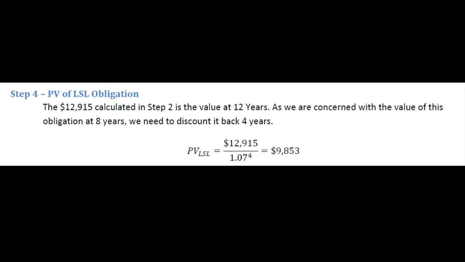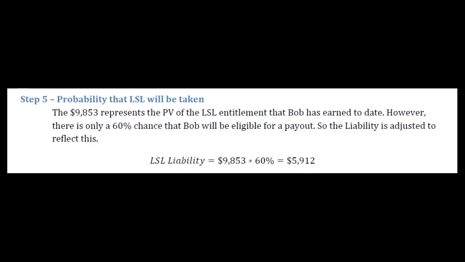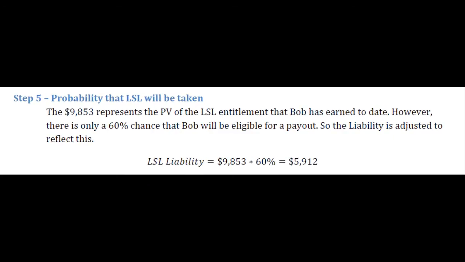Now, there is one thing missing. Given that I've given you the sheet, it's not exactly going to be a surprise. For that 9,853 to be the number that we want, there has to be 100% certainty that Bob is going to be at that company in 4 years' time.